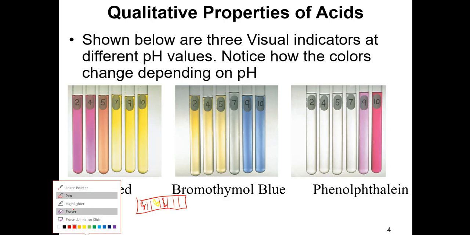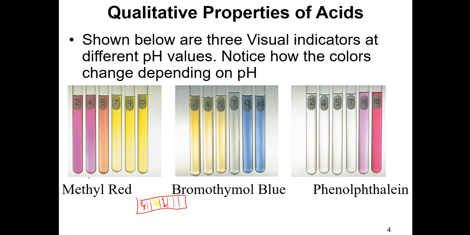Well, we also have liquid indicators, and by adding a liquid indicator to our solution, based on the color change, we know what our relative pH is. So methyl red produces these various colors indicating the crude pH.